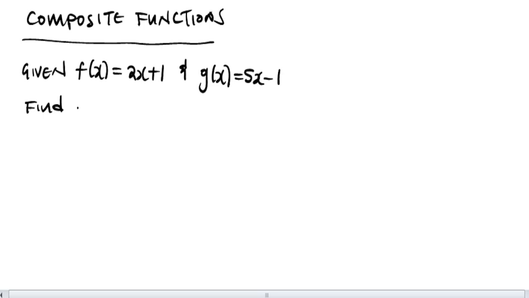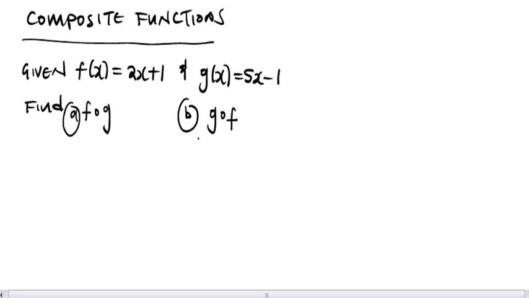So this is how you find composite functions. They would ask you to find either f of g, which is the first, then the second one is going to be g of f.